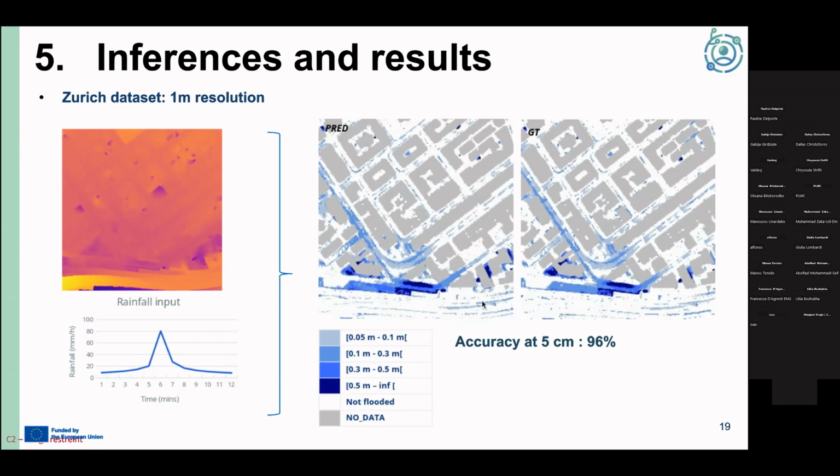And so we have a really good inference here. We can see that our model is able to detect and predict very small, very localized flood or water depth.